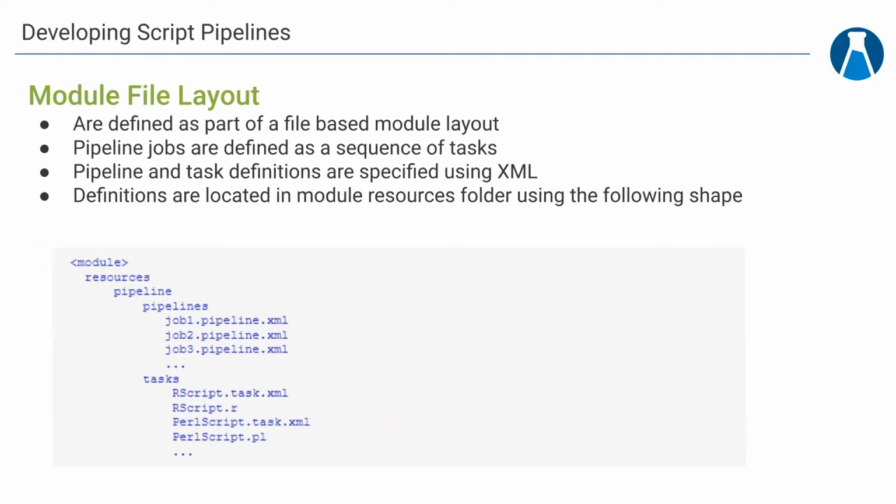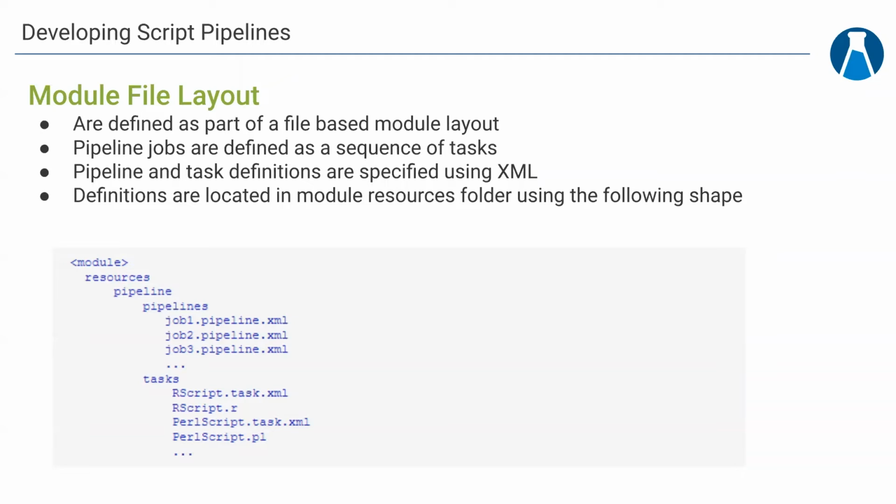As you can see here, from the module root, you place them in the resources and the pipeline directory. The script pipelines typically consist of 3 files: one to define the pipeline and the tasks that are involved, a file for each task to define what the task looks like, and then a script file to actually execute as part of the task.